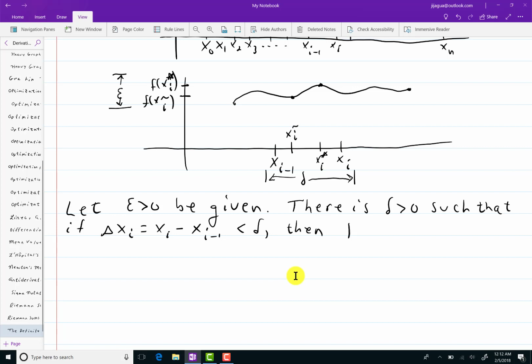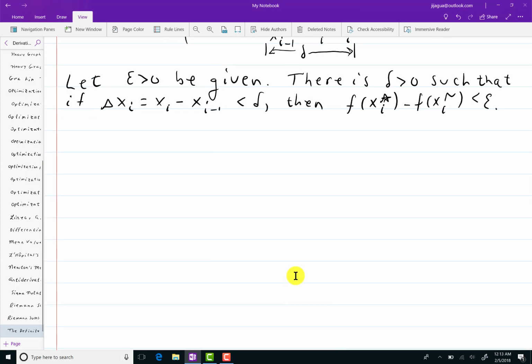We have f of x sub i star minus f of x sub i squiggle is less than epsilon. And here's the kicker. I'll put some sort of a symbol so you know that this is where higher level math is required.